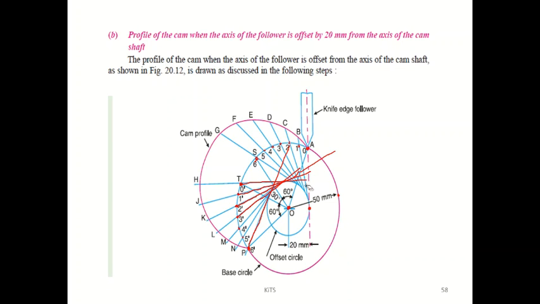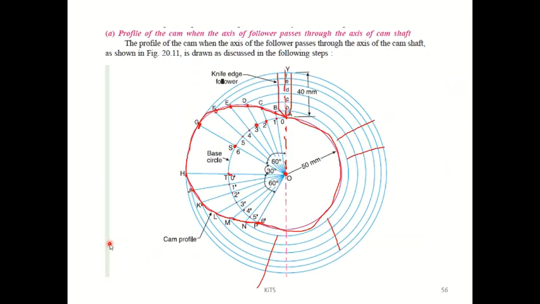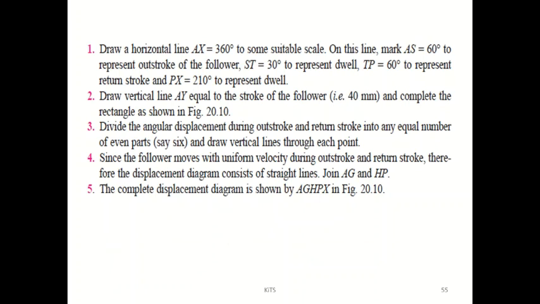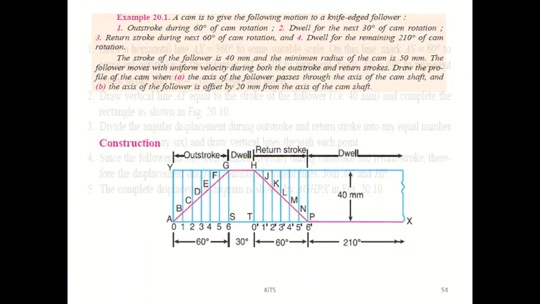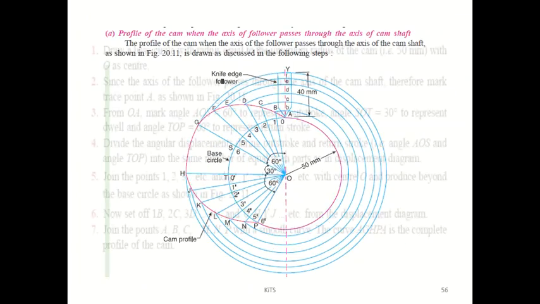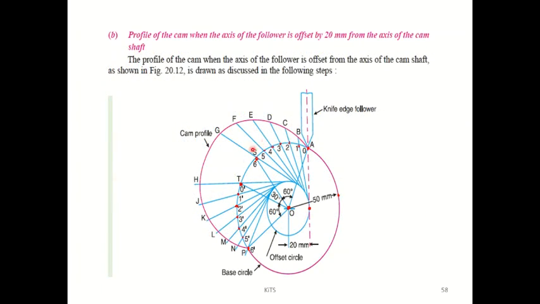Nearly we came to the end of the problem. Listen carefully. Now go back to the displacement diagram. Now see this distance, 1 to B. Measure this distance and mark it on this line.